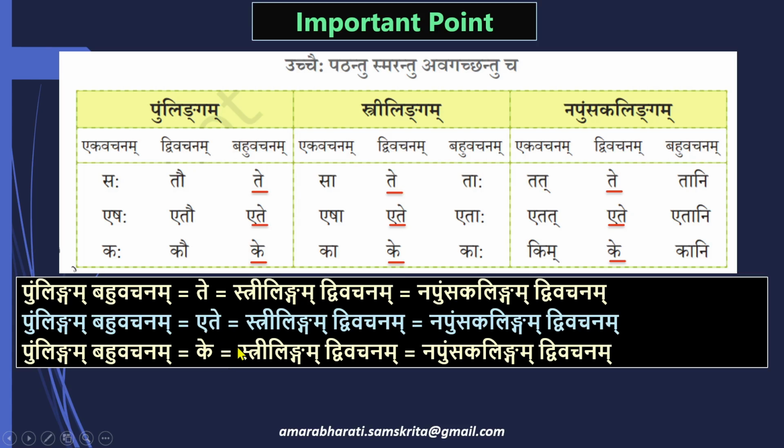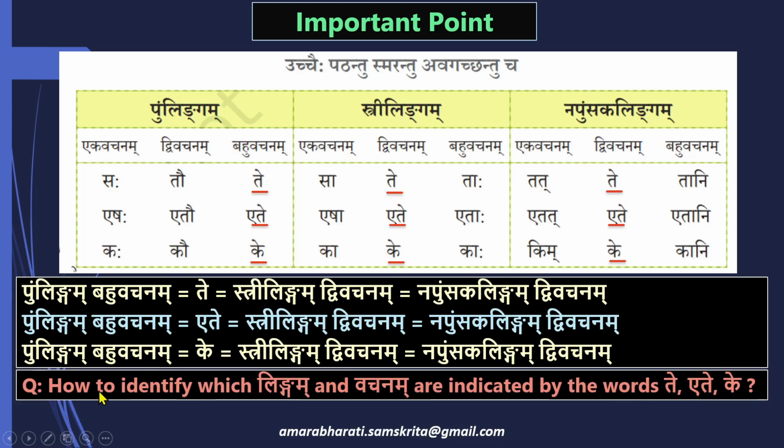Then comes one important question. How to identify which lingam and vachanam are indicated by the words te, ete, and ke? Suppose we are given a sentence which has the words te or ete or ke. How do we identify which lingam it is and which vachanam it is? Because it can be pullingam or strilingam or napumsakalingam. If it is pullingam, it is bahuvachanam.